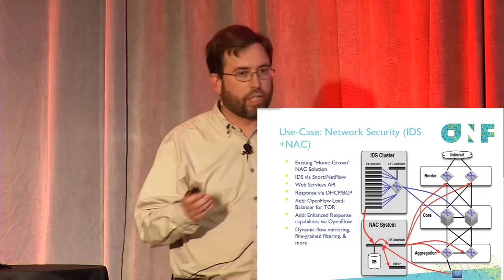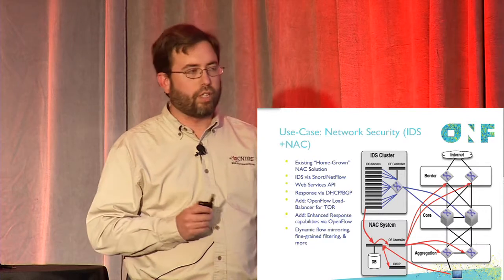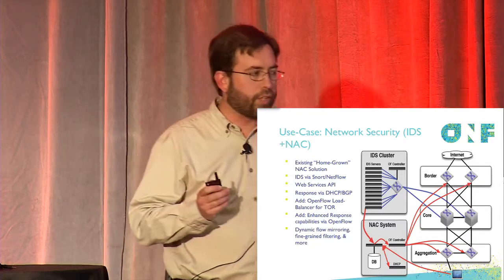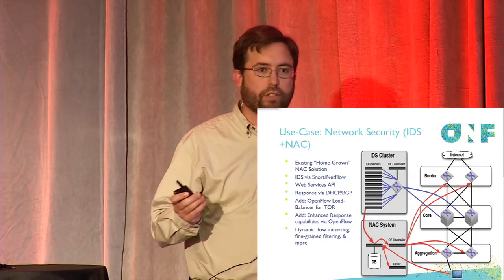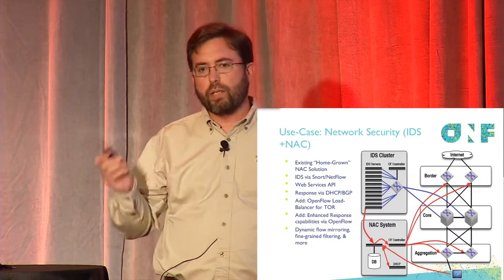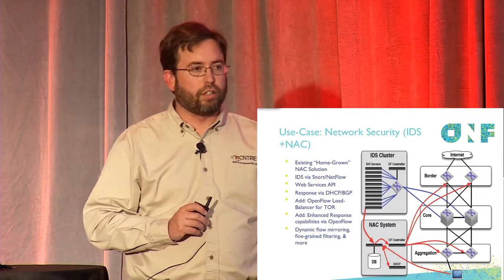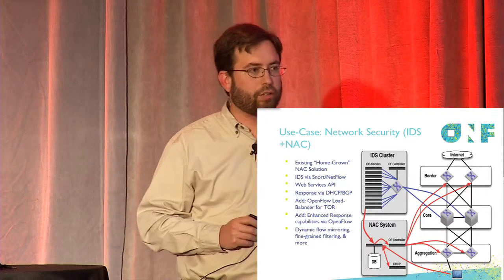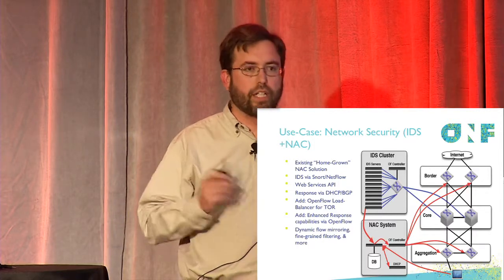Much more dynamic and much more granular in terms of how we can block things. You can also do other things like mirror the traffic. We'd really like to be able to pick out things we see that we may not be 100% positive are an attack, mirror that traffic back to a system, look at it more deeply, and then take action.